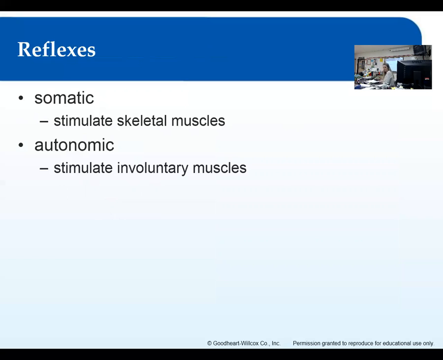I wrote down that limb position is fast, it can travel up to 119 meters per second. So you think about how quickly you can move, how quickly you know that you're moving. Makes sense, right? 119 meters per second, that's really fast.